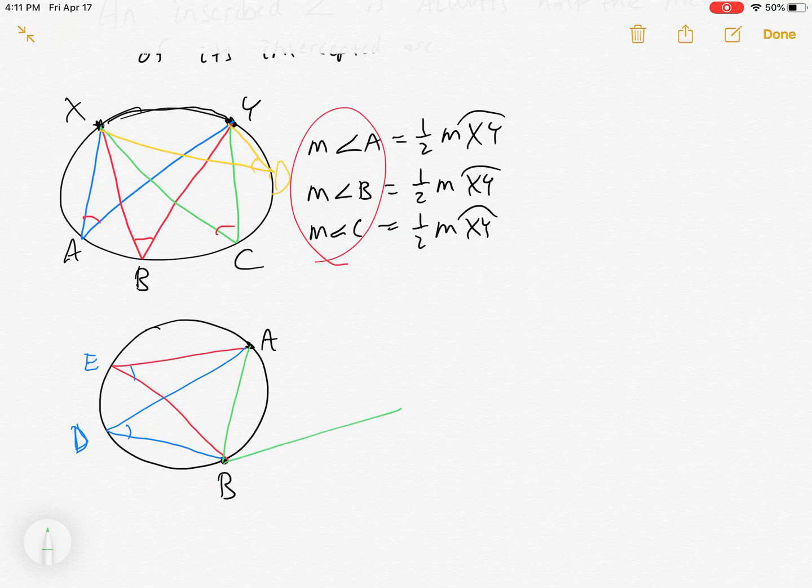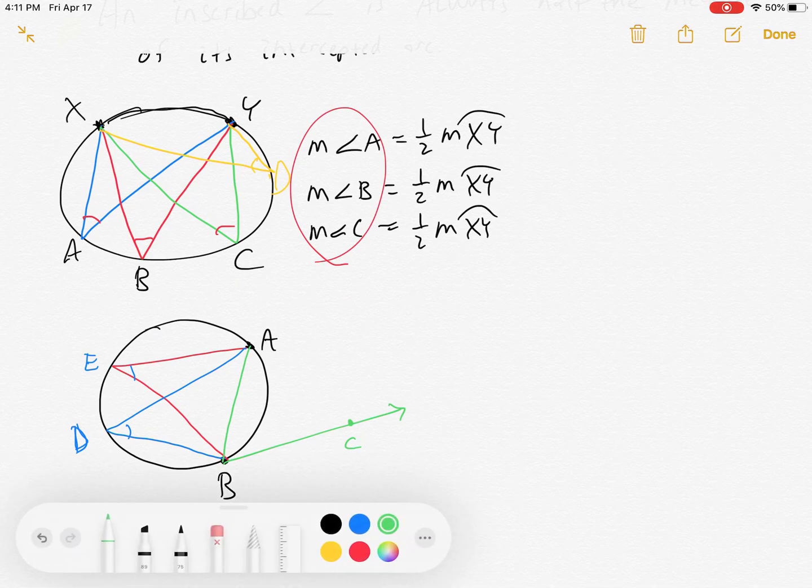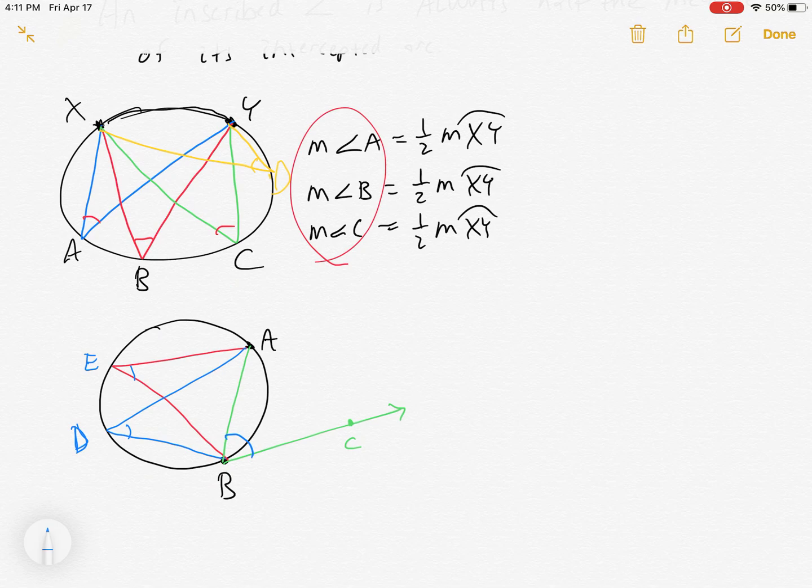What if I did an angle that went from A to B and then was tangent there? How about that angle? Let's put a C here so you know what I'm talking about. The angle ABC. Well, guess what? It is congruent as well.